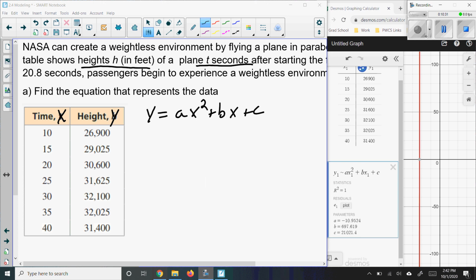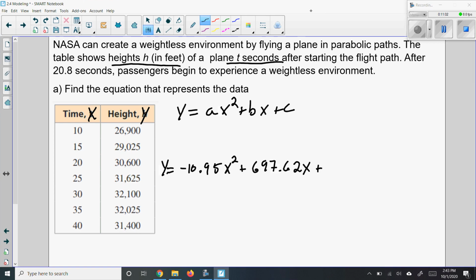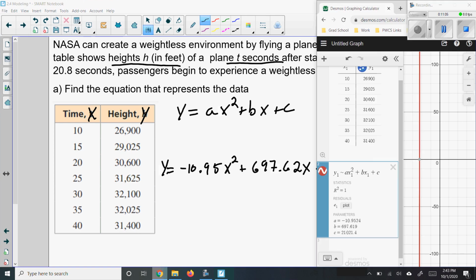Our regression equation is y equals negative 10.95, let's do 2 decimal places, x squared plus 697.62x plus 21021.4.